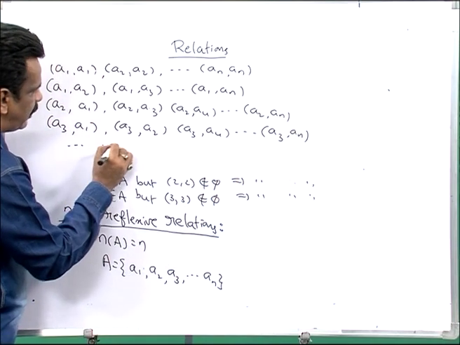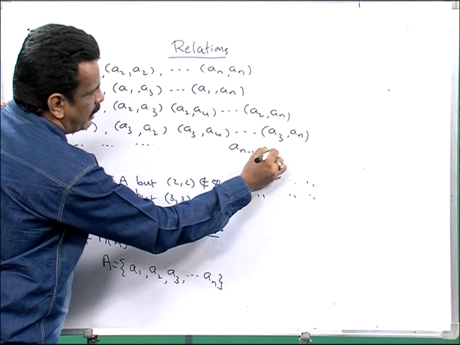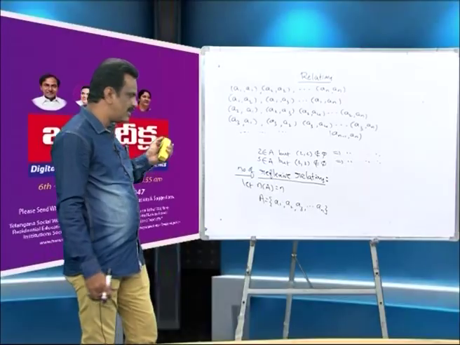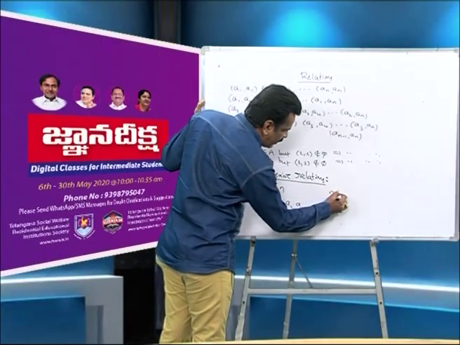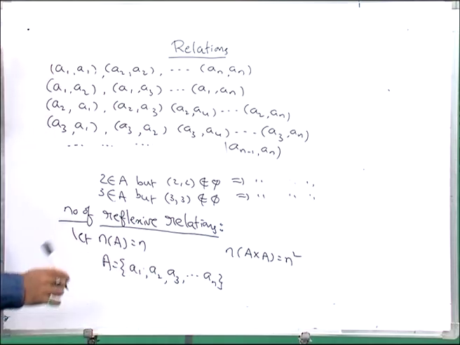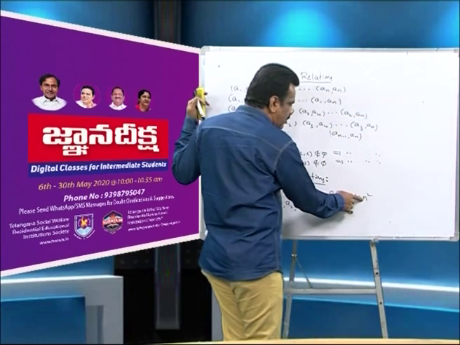Like that we can continue for all the elements, and finally you will get An minus 1 comma An. Like that there are some ordered pairs. How many ordered pairs we have? As we know already, n of A cross A equals n square. We can say the listed ordered pairs here are exactly n square in number.